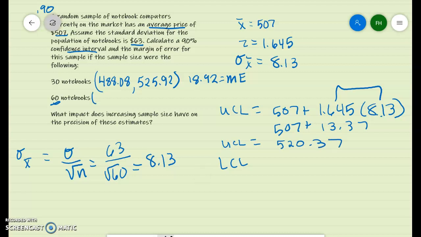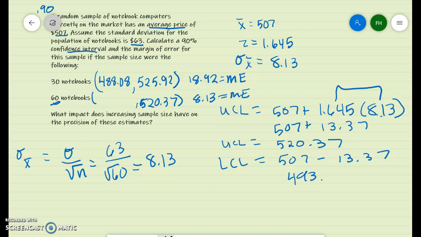So there's my upper limit. And then my lower is going to be 507 minus 13.37, which is 493.63.